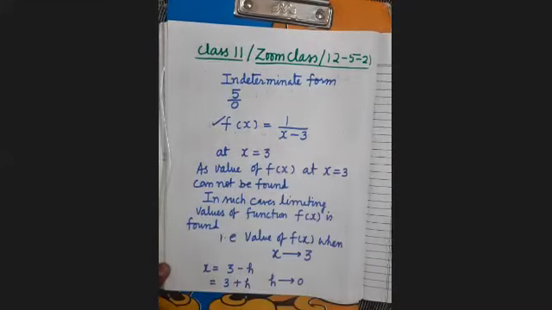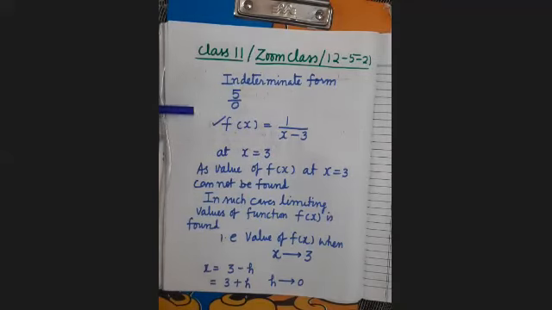So we will determine the limiting value only when the function becomes undefined, undeterminable for that value of x. It's clear. वहीं पर हम लिमिटिंग वैल्यू डिटरमाइन करते हैं, otherwise there is no need of determining the limiting value. It's clear? So this is the concept of limit.